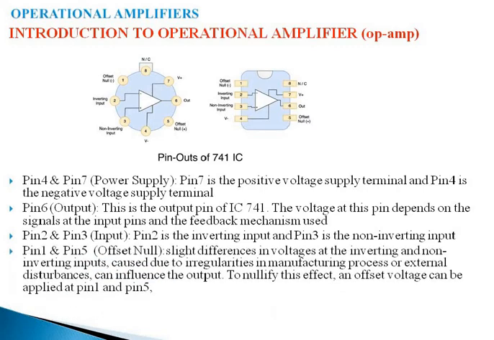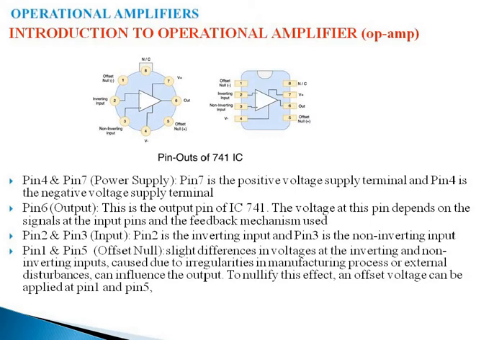Next are pin 1 and pin 5, that is the offset null pins. There are slight differences in voltages at the inverting and non-inverting inputs caused due to irregularities in the manufacturing process or external disturbances. It can influence the output. To nullify this effect, an offset voltage can be applied at pin 1 and pin 5. Ideally, we are assuming that if no input voltage is applied to inverting and non-inverting input, output voltage should be 0.